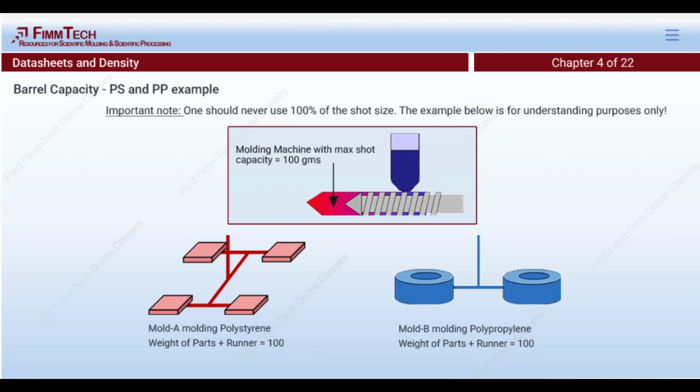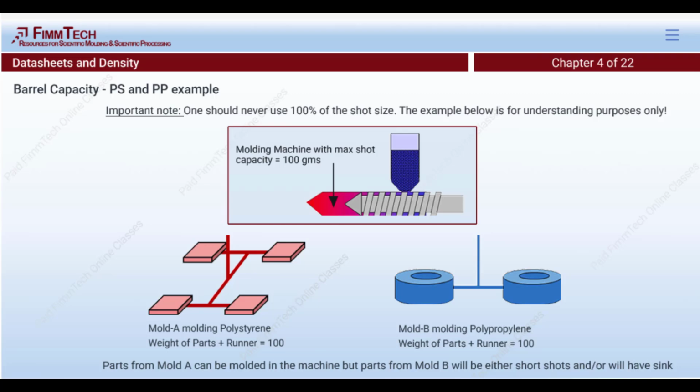Because the density of polypropylene is 0.90 grams per cubic centimeter, which is less than the 1.06 of polystyrene, the maximum amount of plastic that can be held in this barrel is not going to be 100 grams. It's going to be less than 100 grams. And therefore, you're not going to be able to mold these parts in this barrel.